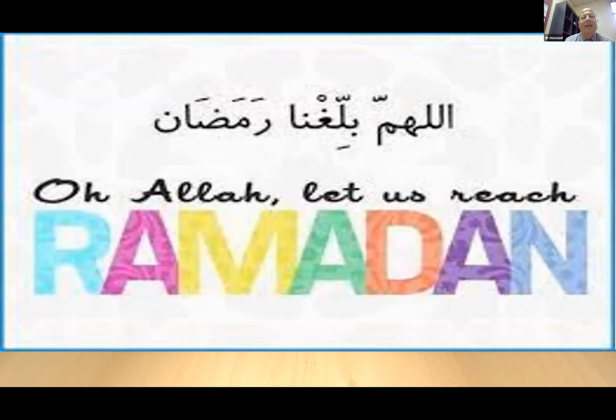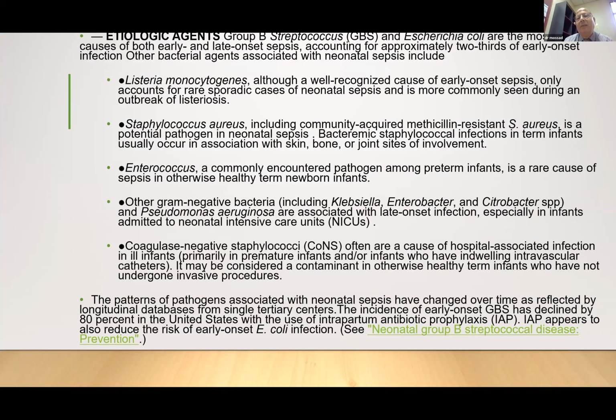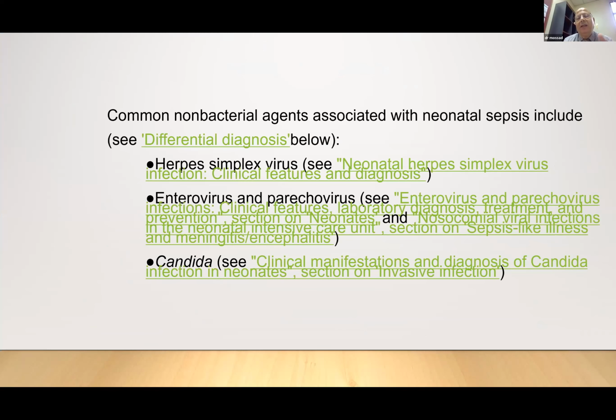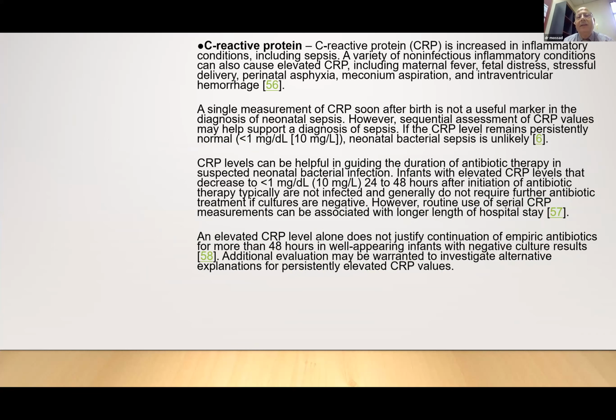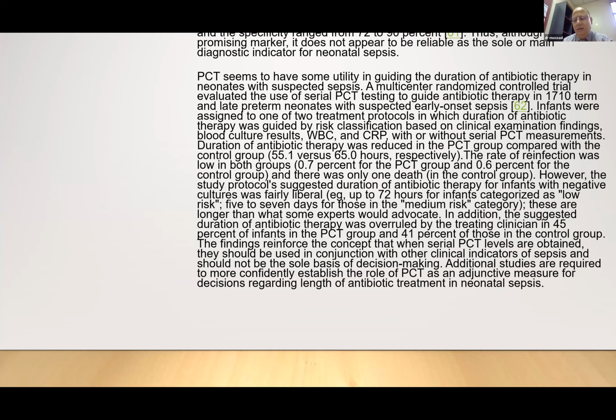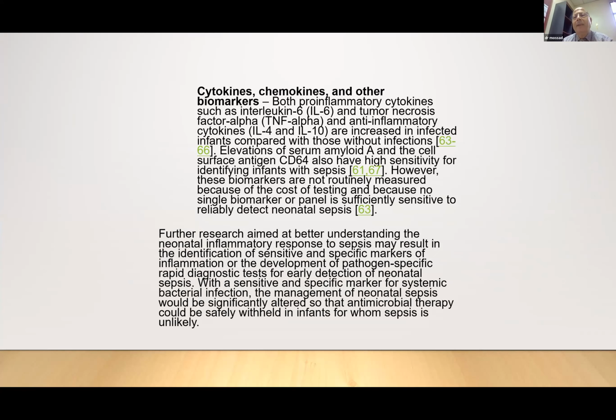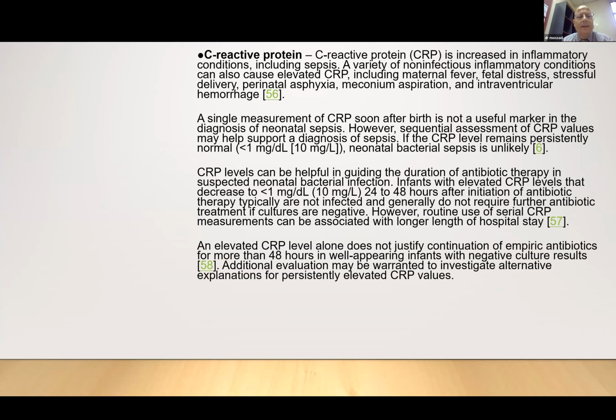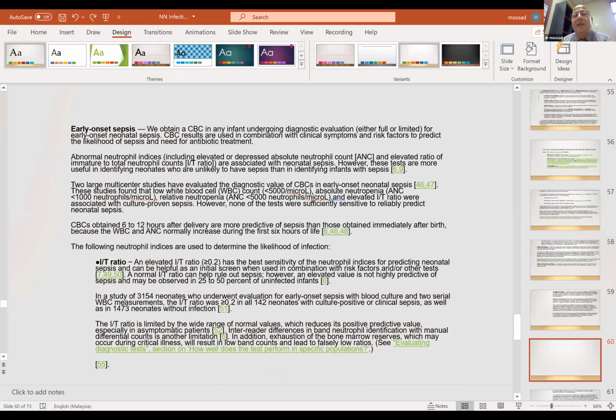This slide is speaking here about CRP and some limitations and its benefits, but here is the procalcitonin, which is very important.